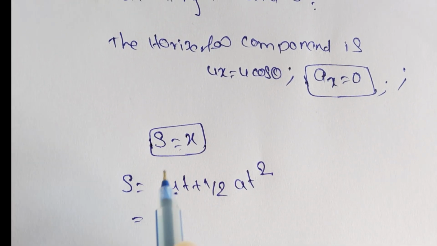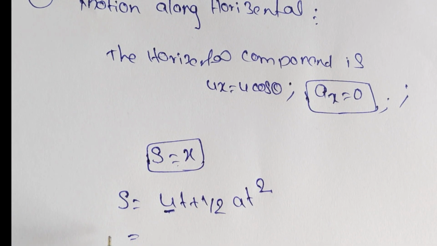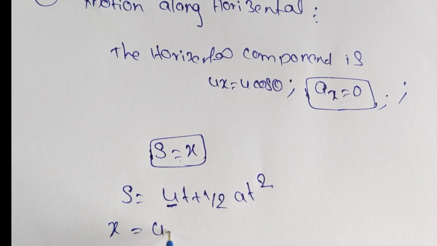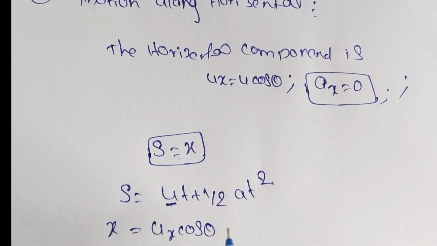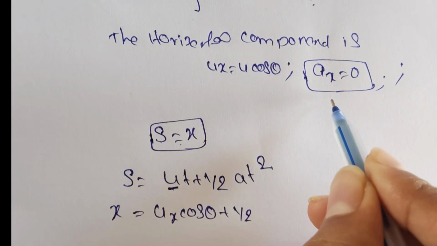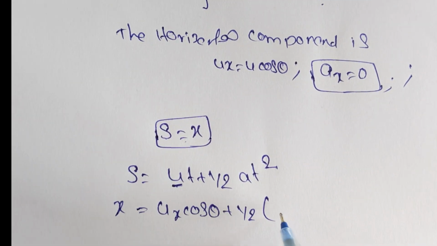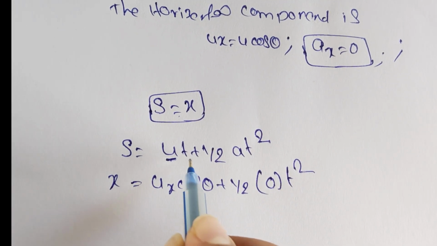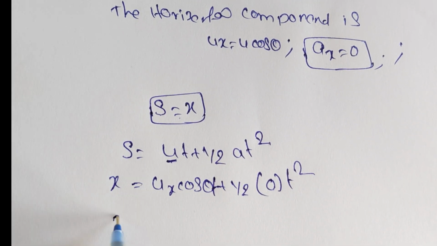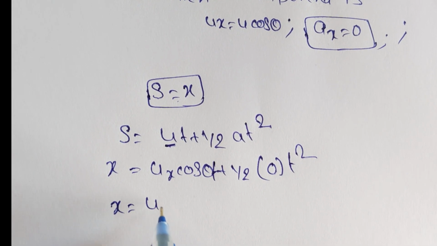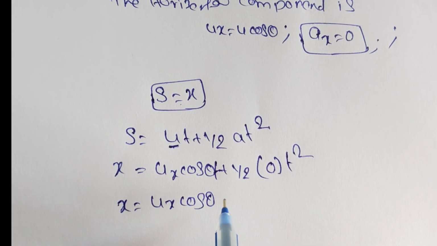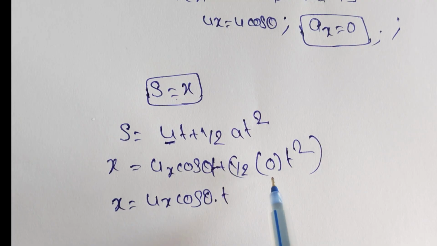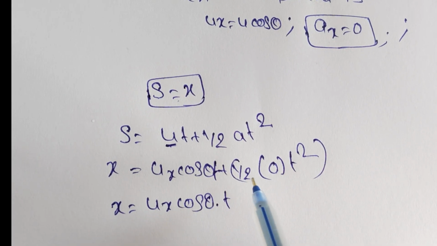So s equal to x equal to ux cos theta into t plus half into the acceleration. Acceleration becomes 0, so this term will be 0, because 0 into anything is 0.